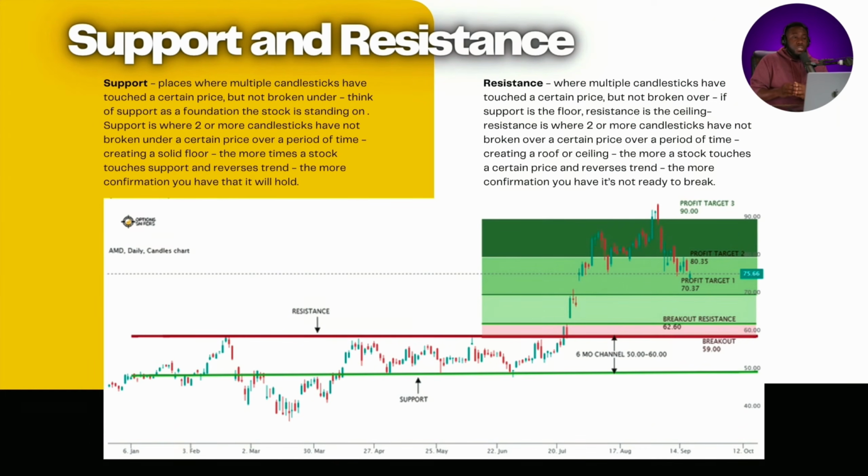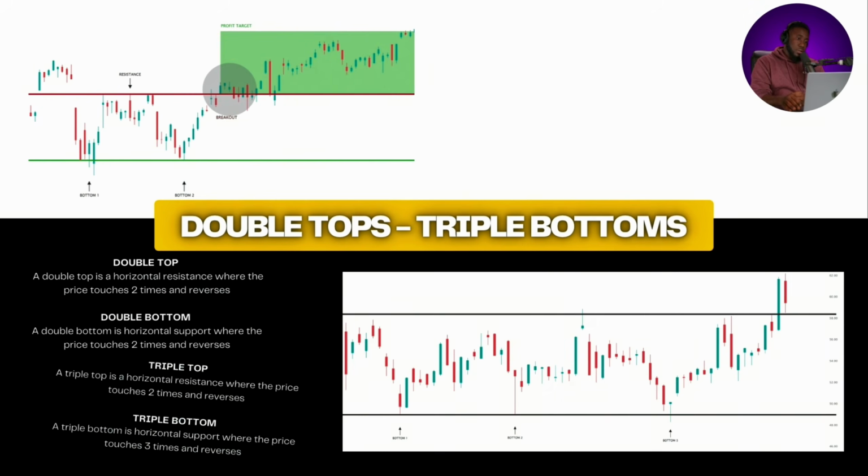What we typically consider support is multiple candlesticks happening over a specific period of time at the same point. And literally the opposite is what we call resistance. Resistance would be a ceiling. Think of resistance as a ceiling where the stock can literally not go up past that price level for whatever reason. That's the difference between support and resistance.